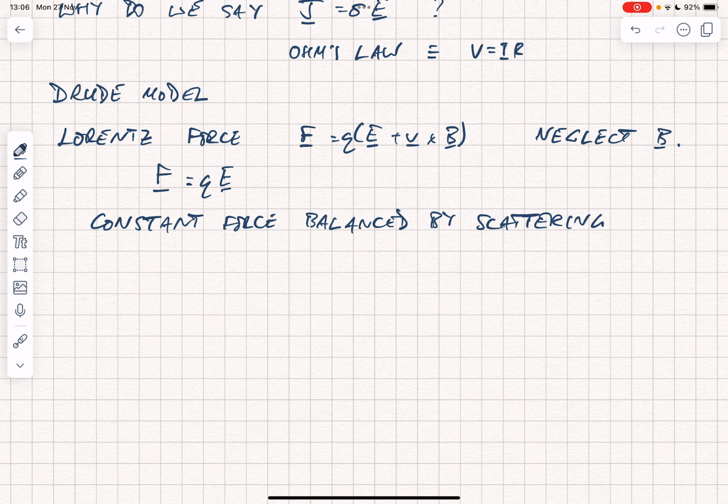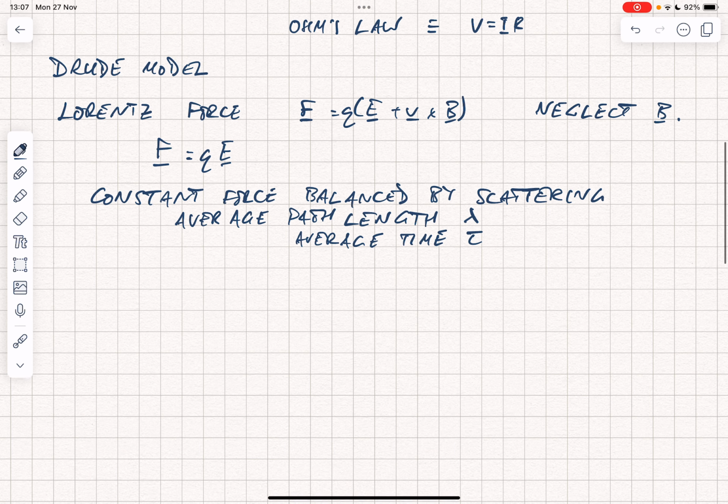And what we're going to say is that you can have scattering from other atoms, from other electrons, and so you will have an average path length, which we can characterize with something like a lambda, or you could have an average time between scattering events, which we will characterize with a tau. Of course, the two are going to be related.